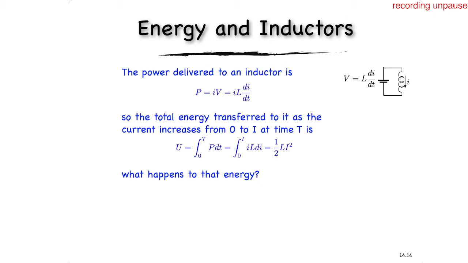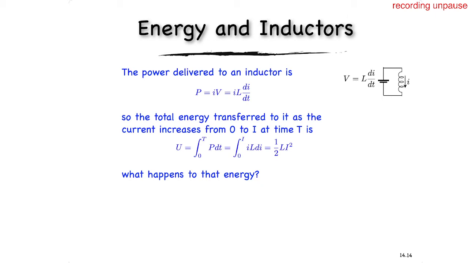That EMF is the inductance times di dt, at least that's the magnitude of it. So this becomes an expression for the power it takes to send a current into an inductor. Notice it doesn't take any power if there's no current. It doesn't take any power if the current's not changing. There has to be a current, and that current has to be changing in order to require power to pump current through the inductor.